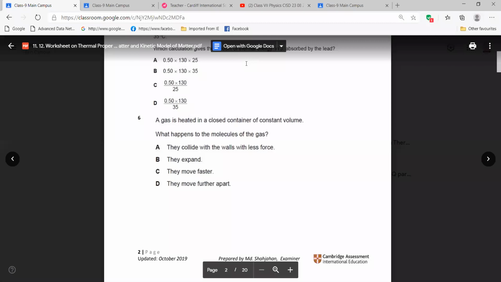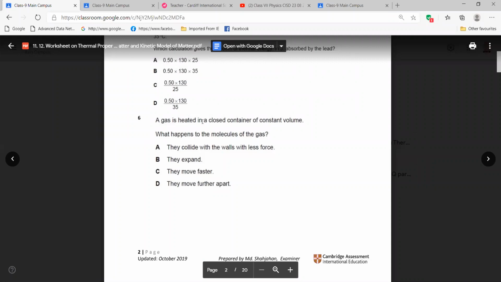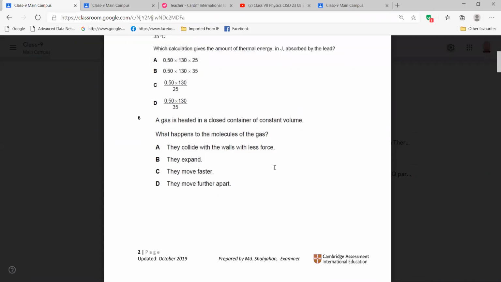Molecules will never be expanded; in the last class we discussed it. Only if the container is open, that time molecules move further apart if you increase the heat energy. The volume will also expand, right? If you are opening, then the volume will increase and the molecules move further apart.